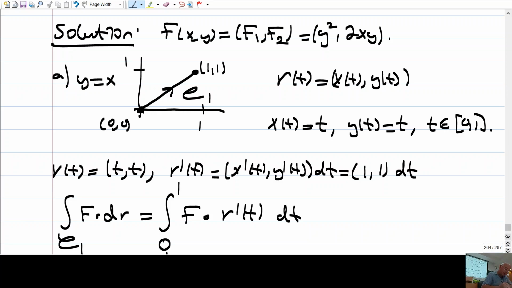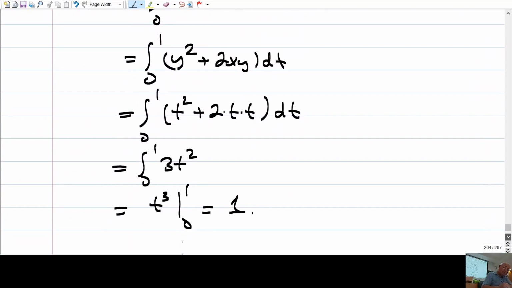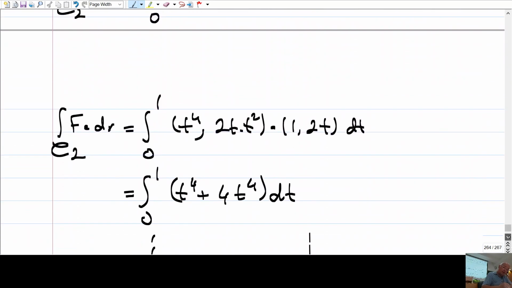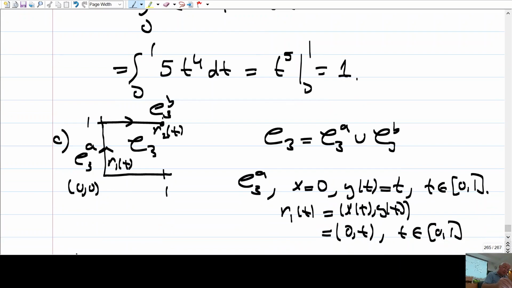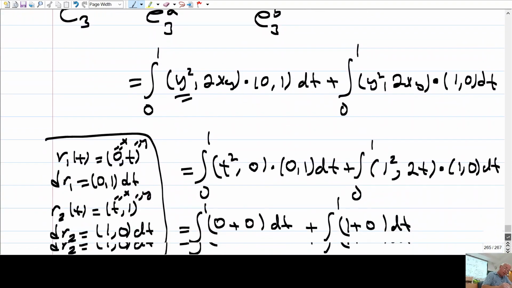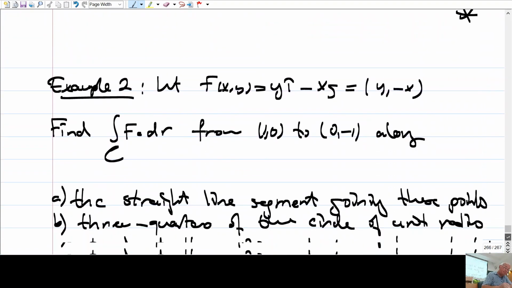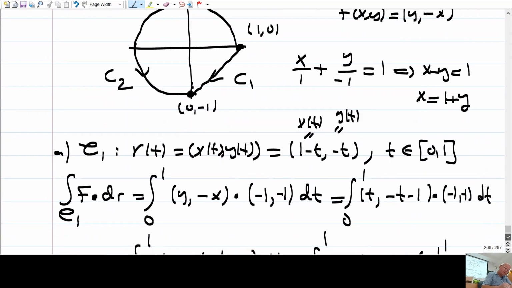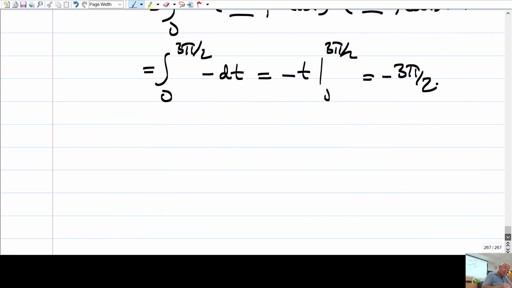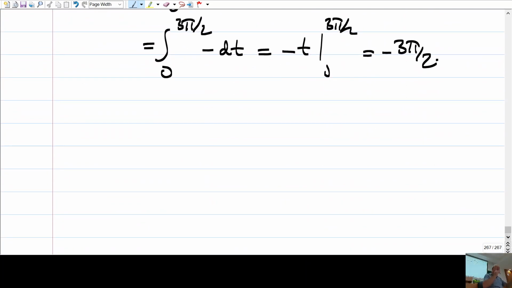The first one was this curve. The second one was this part of this parabola. And the third one was a piecewise smooth curve consisting of line segments. And they all gave us the same answer, which was 1. But this time we get different answers. Okay. Now we will see why this is the case.